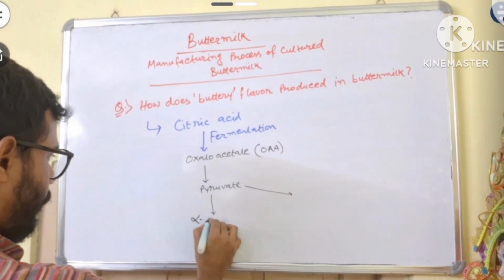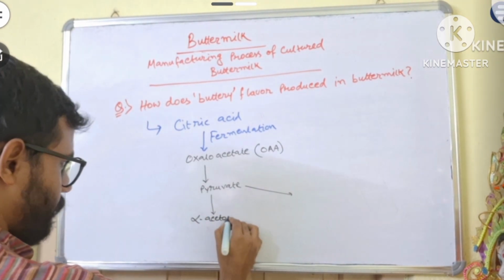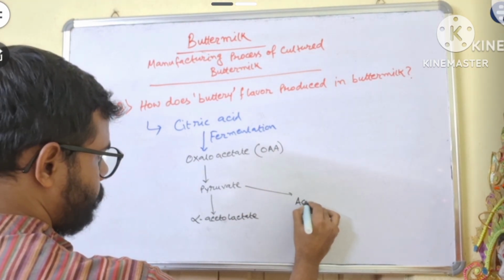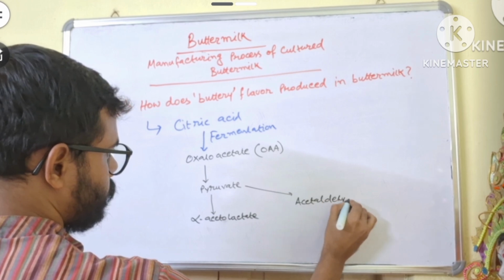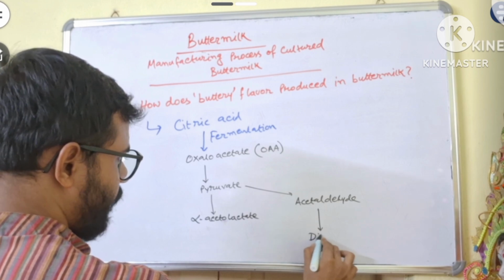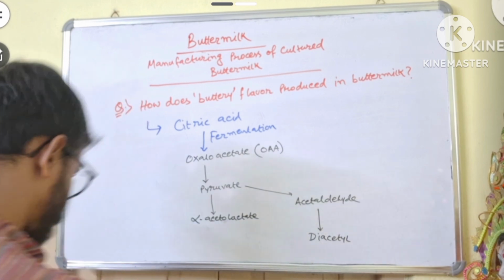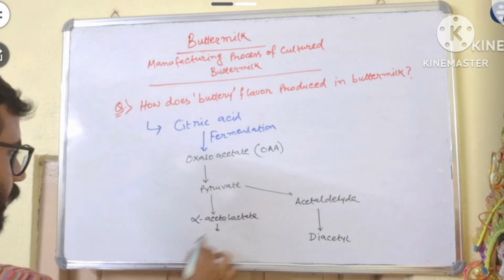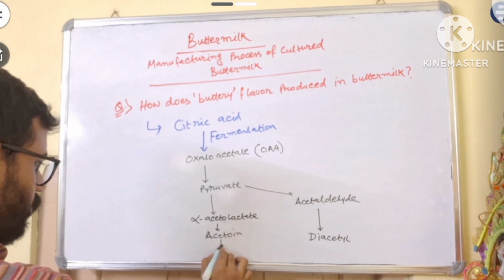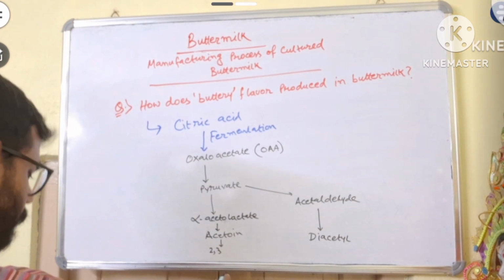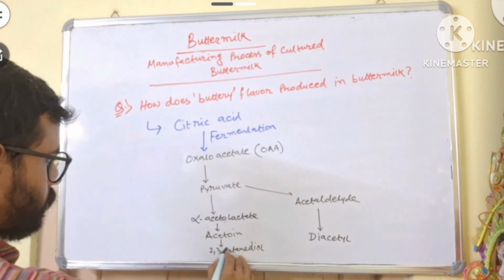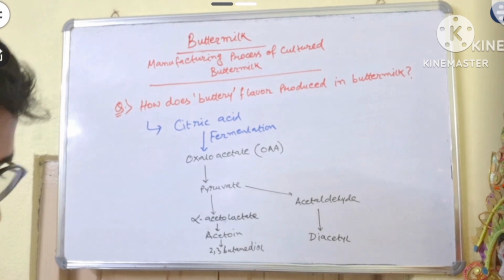One is alpha acetolactate, another is acetaldehyde. This acetaldehyde ultimately produces diacetyl, and alpha acetolactate converts into acetoin, and acetoin converts into 2,3-butanediol.